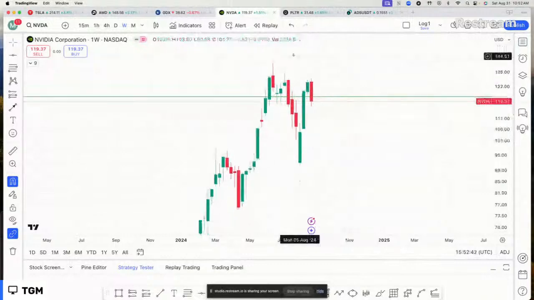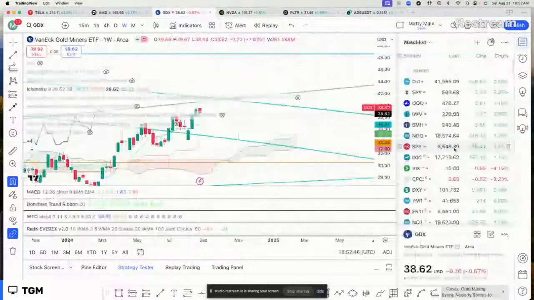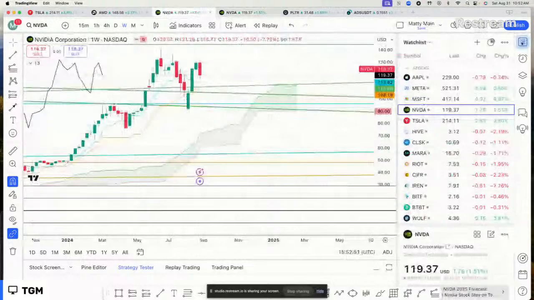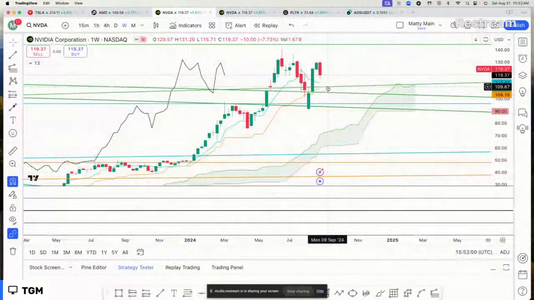I think just maybe more cooling off. So I'm going to go down to my NVIDIA on the linear scale and show all the confluence here that I see for a 110 retest. Really, I see that possible 109, 108. Possibly the 108 baseline right there could be a successful retest for NVIDIA before it really wants to go higher.